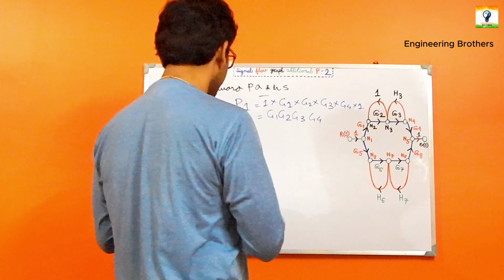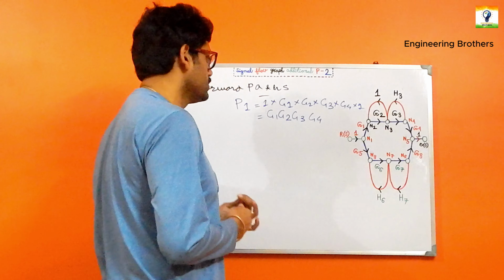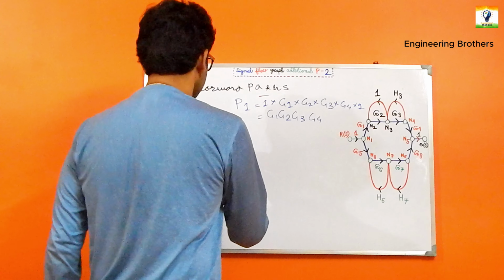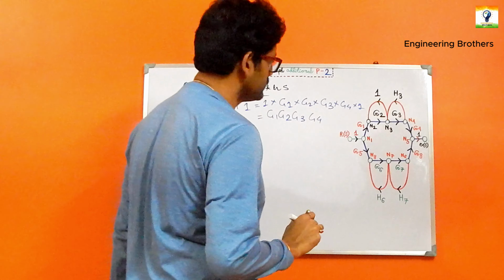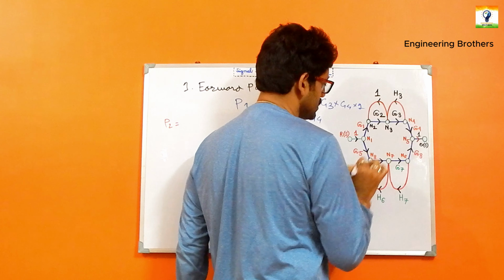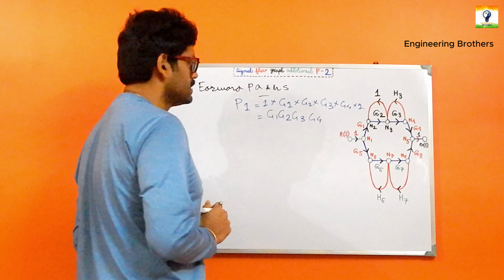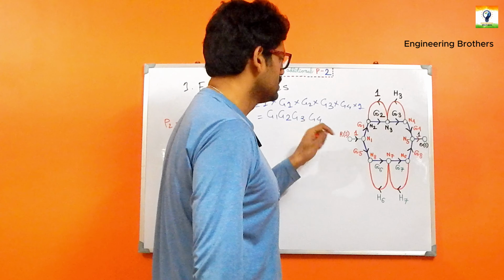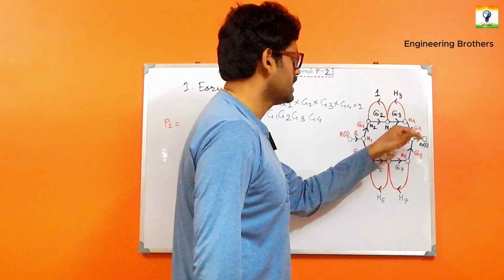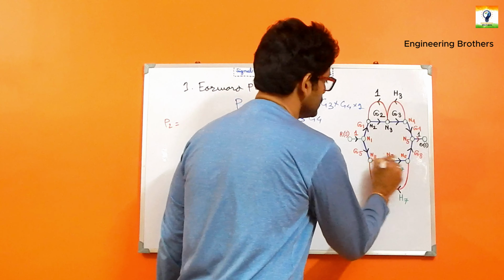Similarly, we have another forward path, which is going to be P2. The second forward path will be P2, and for that one I'm going to take another path to fulfill the same criteria: it starts from R(s) and ends at C(s).